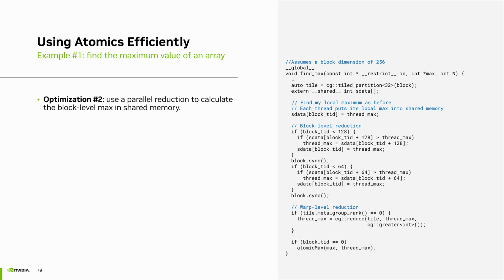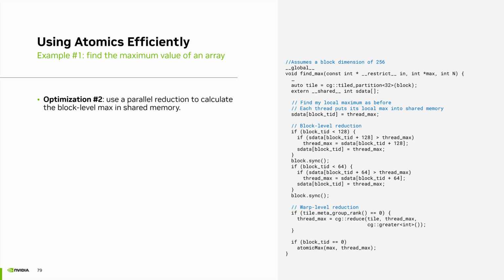The other thing we can do is actually use a parallel reduction to compute the block level maximum, okay? And a very useful tool to do that in CUDA is to use cooperative groups. So with cooperative groups, you can define a tile. In this case, we define a tile of 32 threads. And then we do a block level reduction. Not important how this is implemented at the moment.